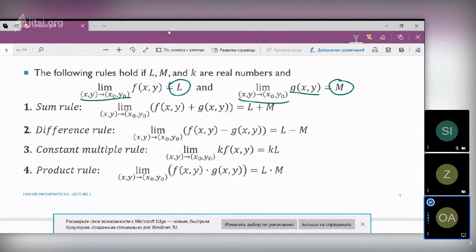There were 7 rules in the previous course, Higher Mathematics 1, for the function of a single variable. Now we're extending these rules for the function of two variables.